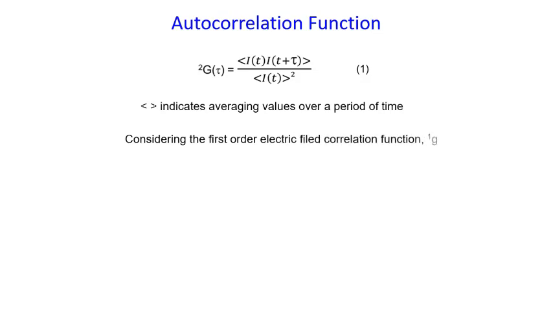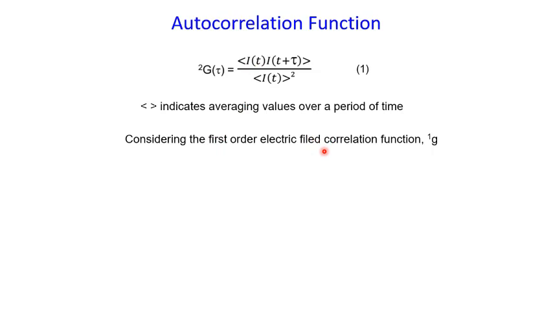Now, if you consider the first order electric field correlation function, G1, this one indicates first order. Similarly, 2 over here indicates a second order correlation function. So this electric field is nothing but the electric field of the scattered light beam, and I will be the intensity of that electric field.